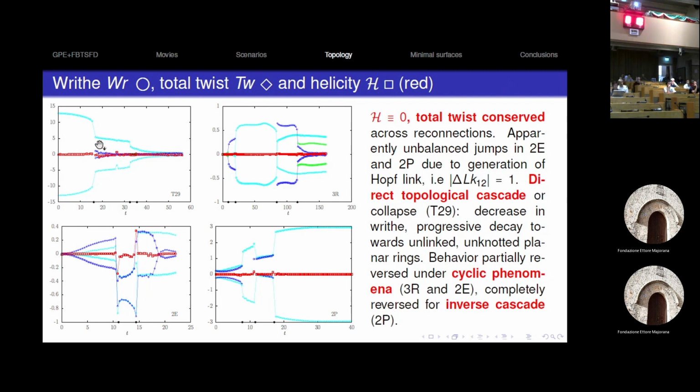For instance, I don't know which one is which, but this curve is perfectly compensated by this one to give 0. And when another loop starts, the blue one, the sum is 0. So helicity is 0. The same thing happens here, where you get a compensation of all writhe and twist. And so, again, your sum is 0.